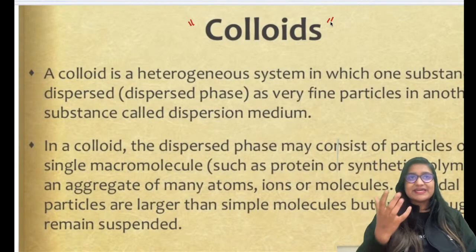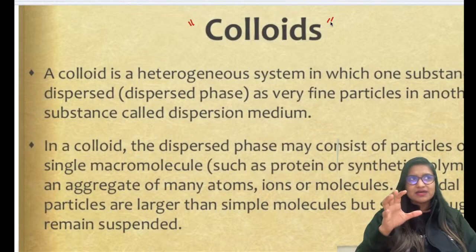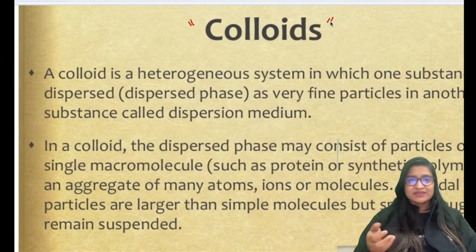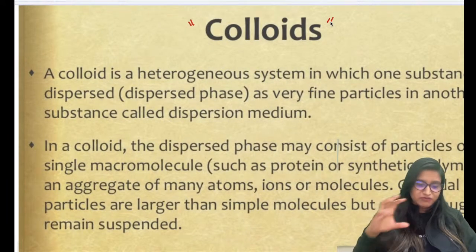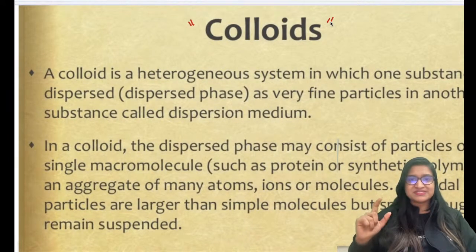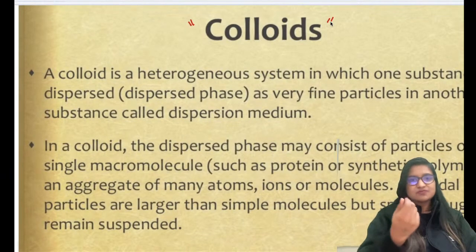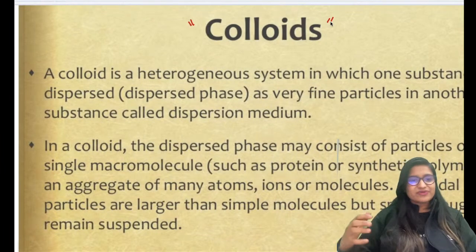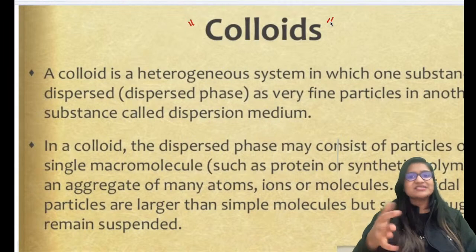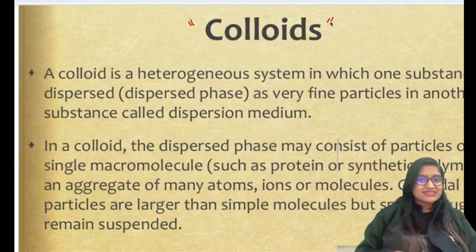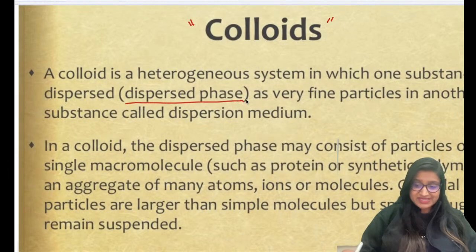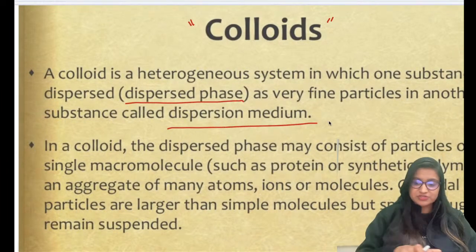So basically it is the same as in the case of solvent and solute. Solvent is the one which is present in the larger quantity, and solute is the one which is present in the smaller quantity. So in the case of colloids, it is one and the same thing, kind of. In case of colloids, it is known as dispersed phase and dispersion medium.